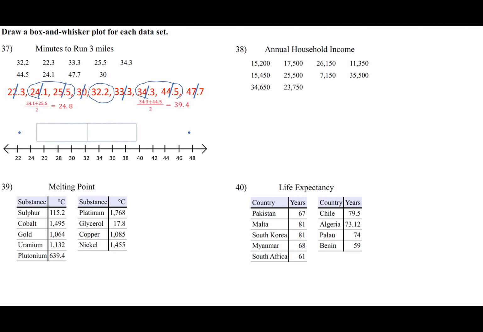I'm going to close my lines up as a box. And I'm going to connect my smallest and biggest points to my box with a little line segment. So I'm going to do it with my lower quartile, and I'm going to do it with my upper quartile as well. If you notice, it looks like a box in the center, and it looks like whiskers, like the cat whiskers. So that's why we call that a box and whisker plot.